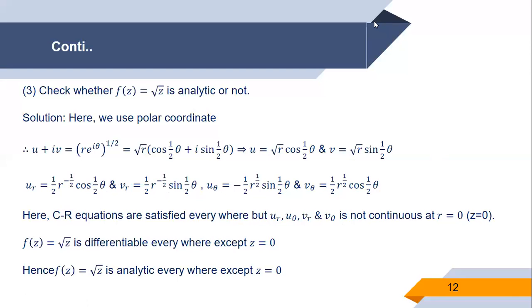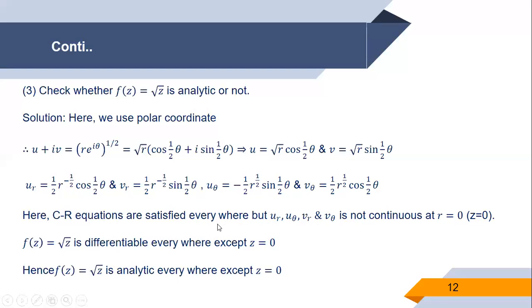So the CR equations are satisfied everywhere, but the partial derivatives are not continuous at z equal to 0. The sufficient condition for differentiability is that if both conditions are satisfied, then the function is differentiable.